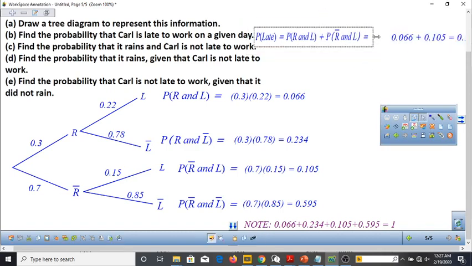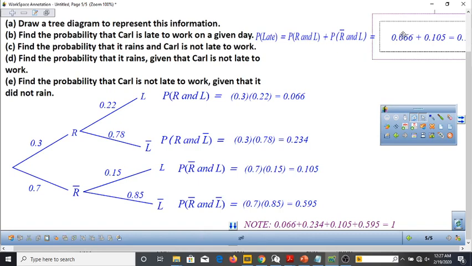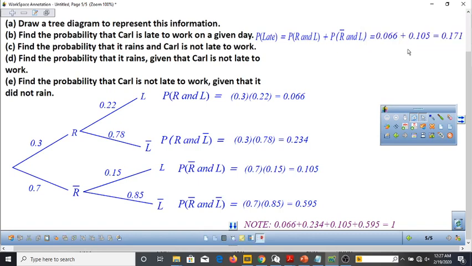And that is how we do that. Making it a little smaller for the sake of being able to be seen. That's it. The probability of being late for work is adding up all the probabilities of each case. Either he's late when it rains, or he's late when it doesn't rain.